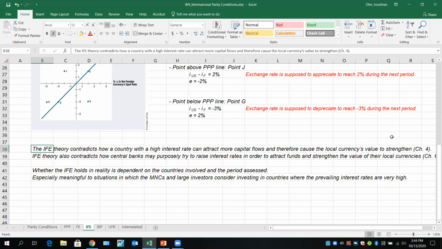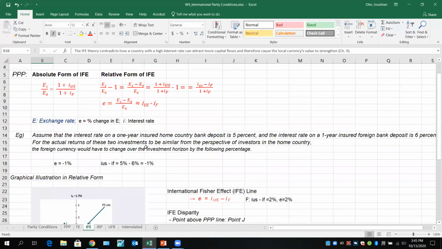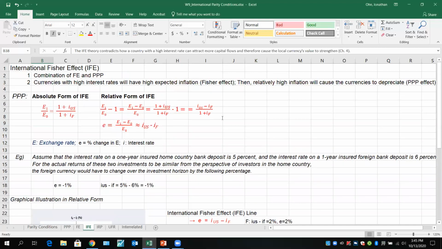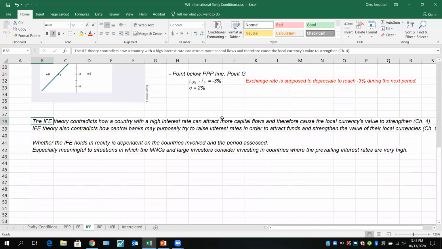And it also contradicts how a central bank may purposely try to raise interest rate in order to attract funds and strengthen their local currency. This is the opposite to what the international Fisher effect says, right?